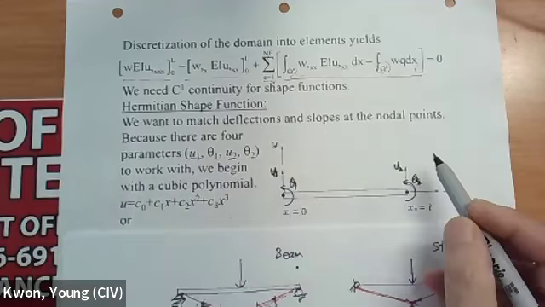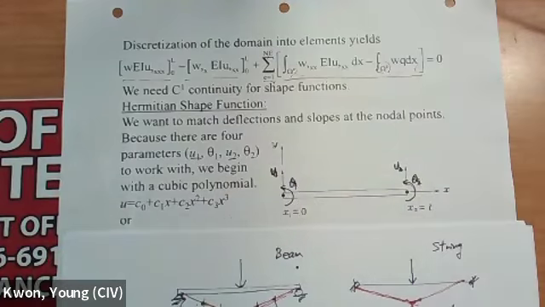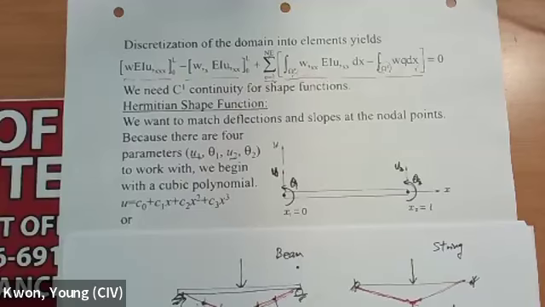So rotation itself is going to be a nodal variable. If this is a nodal variable, then obviously it is shared between this element and that element, so it's going to be continuous from element to next element. That ensures the continuity. Make sense?